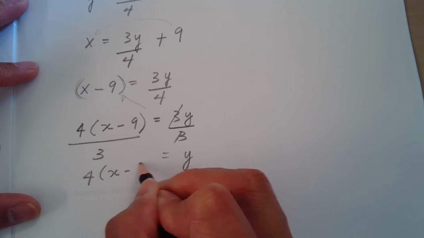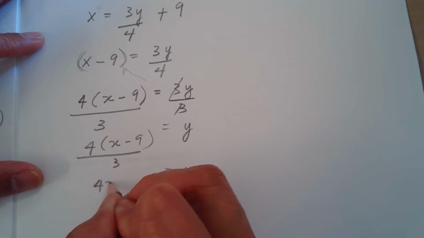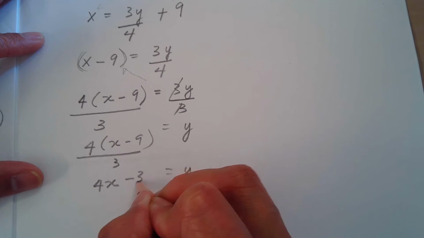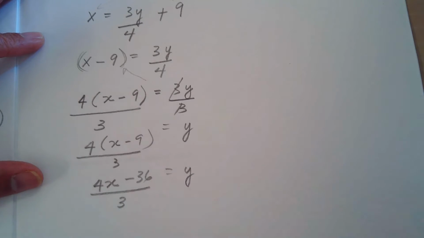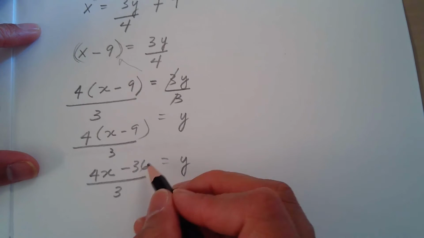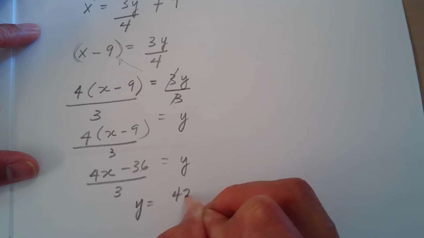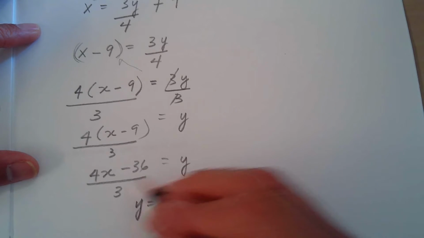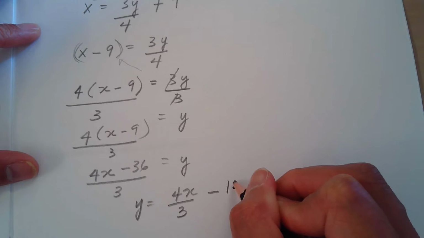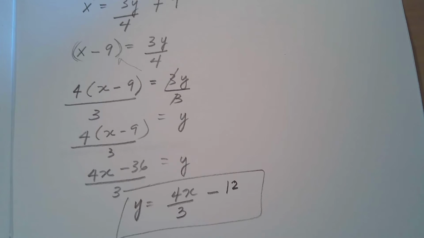You can leave it as 4 times x minus 9 over 3, or you can go 4x minus 36 over 3. I like how you can leave it like that, in case you don't trust yourself there. Or you can go y equals 4/3 x minus 12. Okay, it's all good.